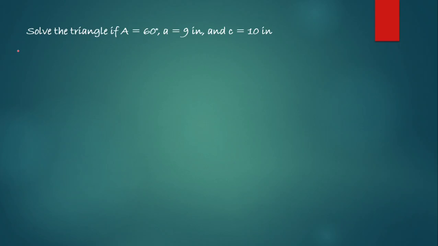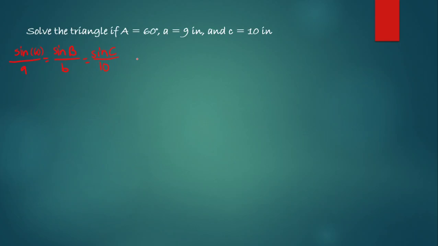We're going to get this formula: sine angle A over side A equals sine angle B over side B, and sine angle C over side C. So we're going to replace all of this with the given. Sine 60 is 9 inches and 10 inches.